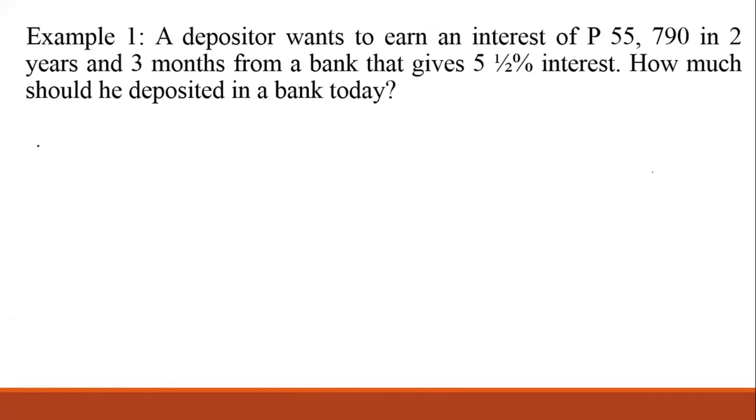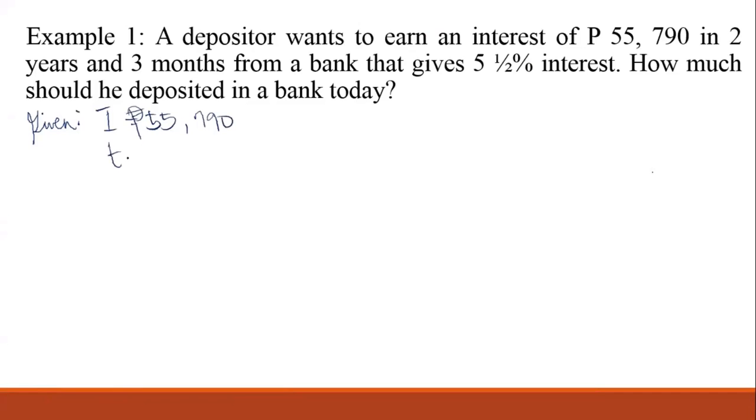But before that, ano nga ba yung mga given na values? What are the given? So we have the amount of interest. What is the amount of interest? 55,790 pesos. Okay?